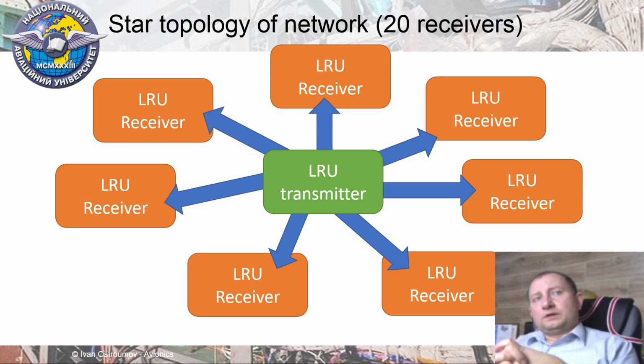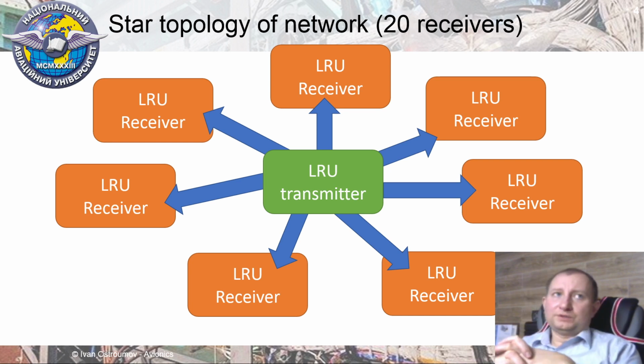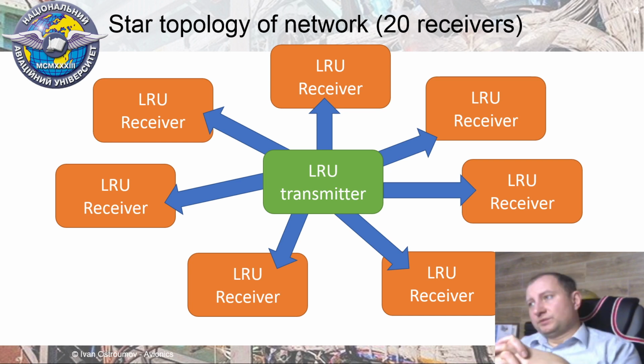Based on network topology, it can be organized as a star topology, where we have one transmitter and multiple receivers. And for each receiver, we use a specific pair of wires.